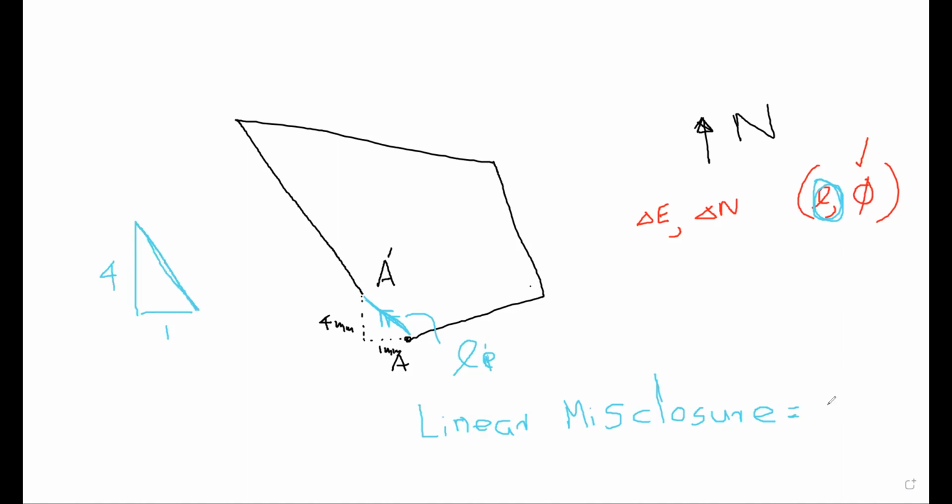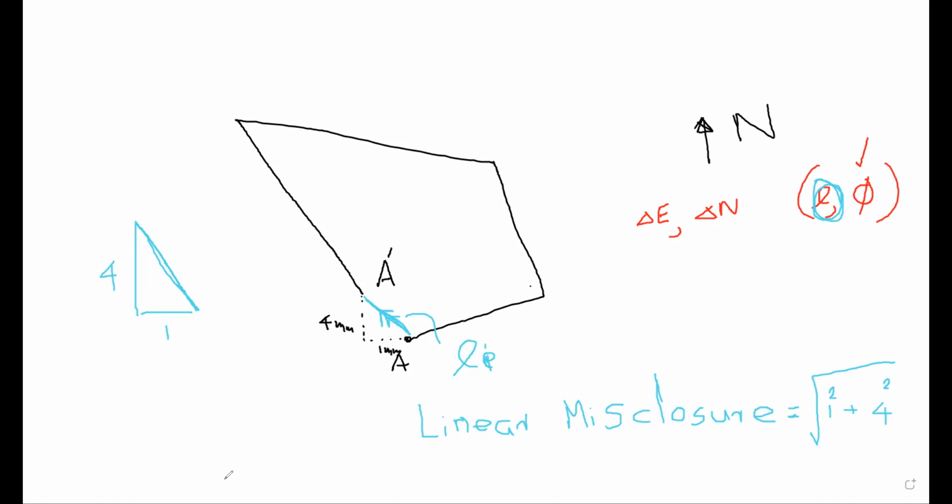How you can calculate this is by using the Pythagoras theorem: the square root of 1 square plus 4 square. So this is the linear misclosure of your survey, of your measurements.